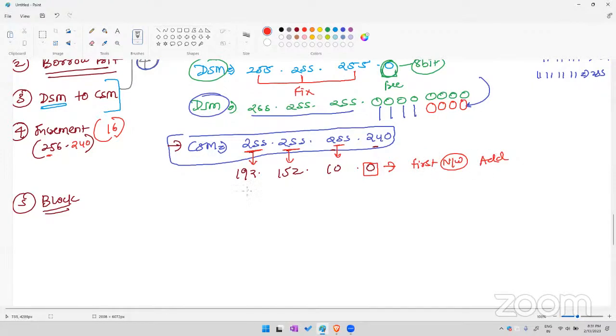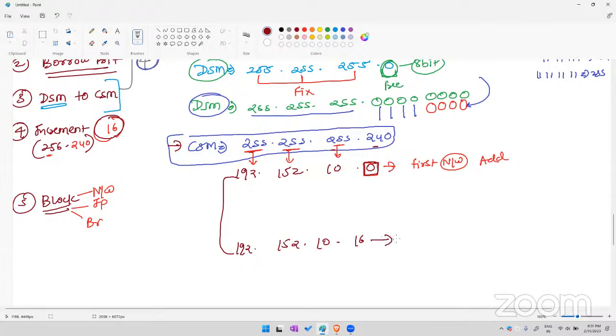Now, how to get the block information? Because we require the network address, we require the IPs, we require a broadcast address. So how to get it? Write down as it is the 3 octets, 192.152.10, because the 3 octets never get any change, but in the 4th octet we are getting a 0 and my increment is 16. So put your increment in the 4th octet because this octet will be filled.